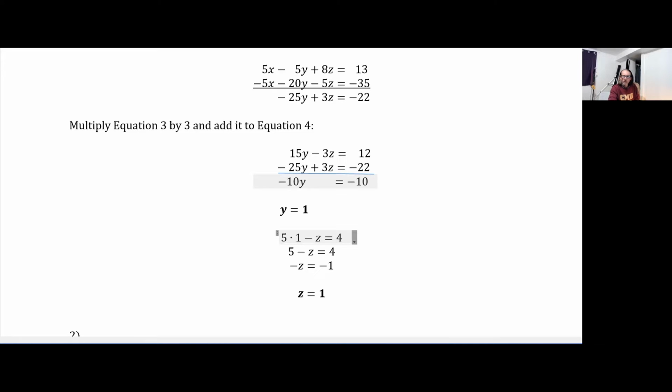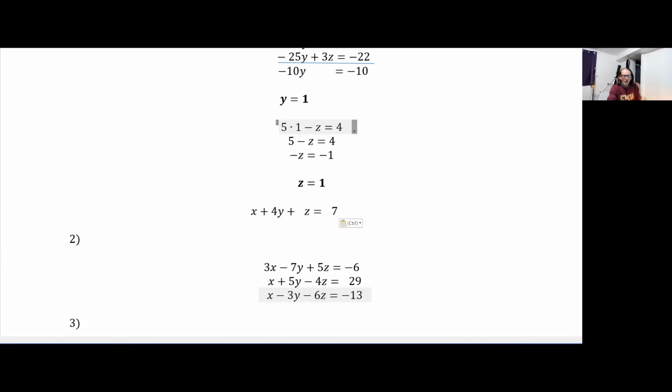Now I'm going to look for an equation back in the original three that had both y and z, but also has x, so that I can solve for x. I could use either equation 1 or equation 2 to do that, but equation 2 just has a coefficient of positive 1 in front of x.